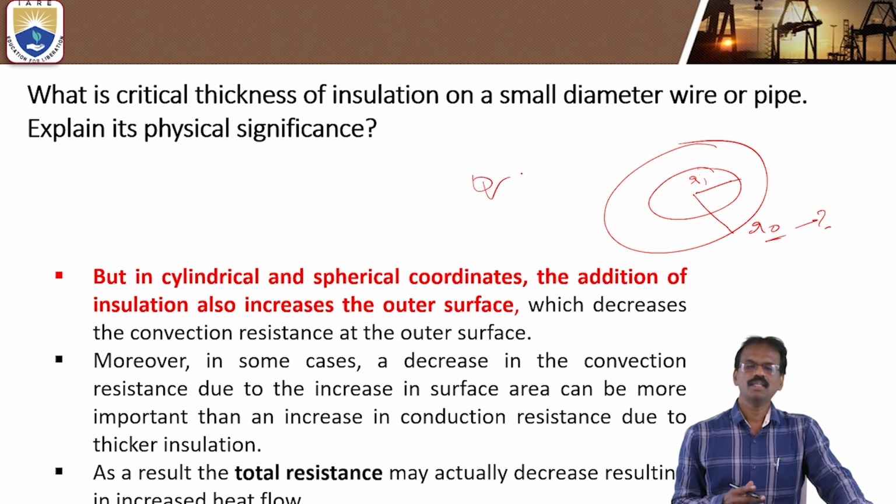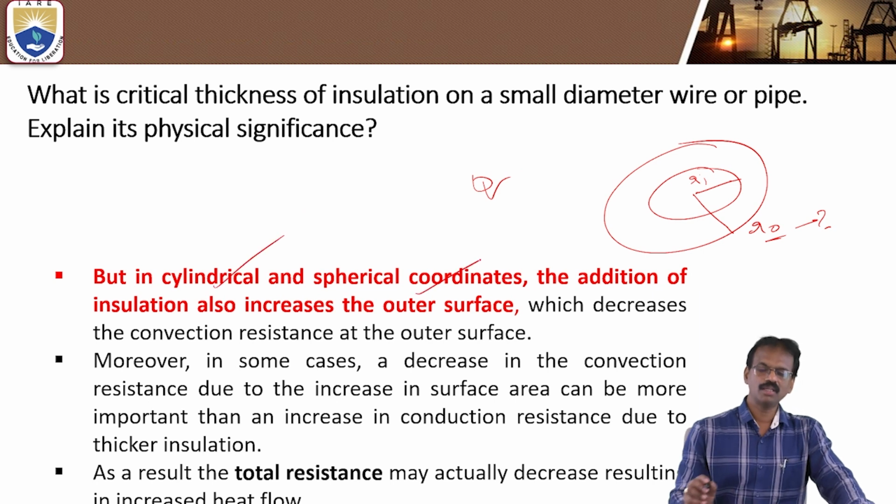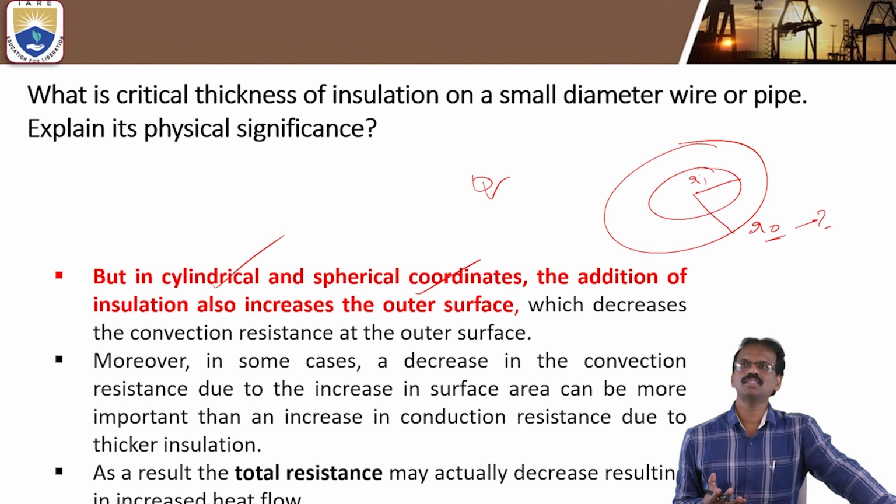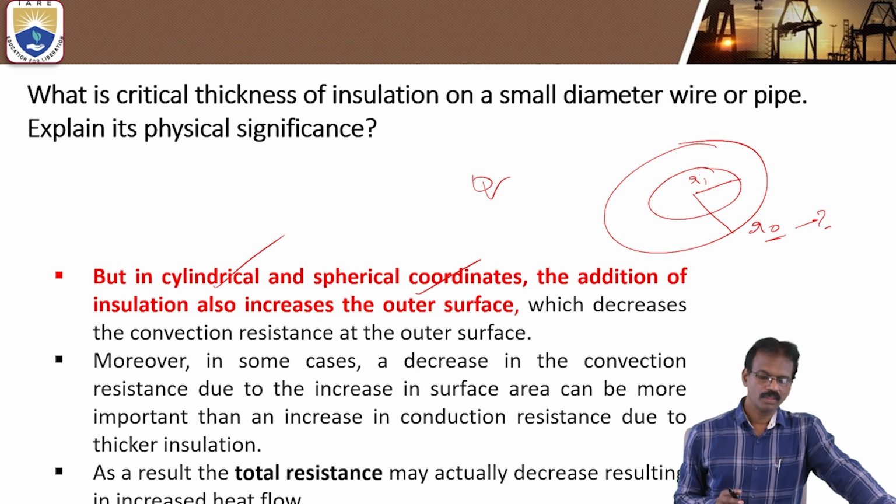But in the case of cylindrical and spherical coordinate systems, the rate of heat transfer increases up to a certain level, and then it decreases. We'll see why it increases first and then decreases.